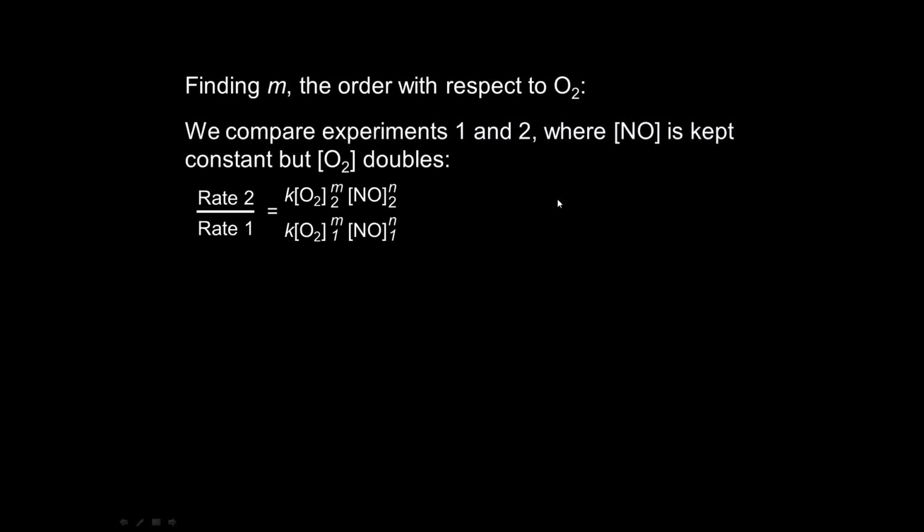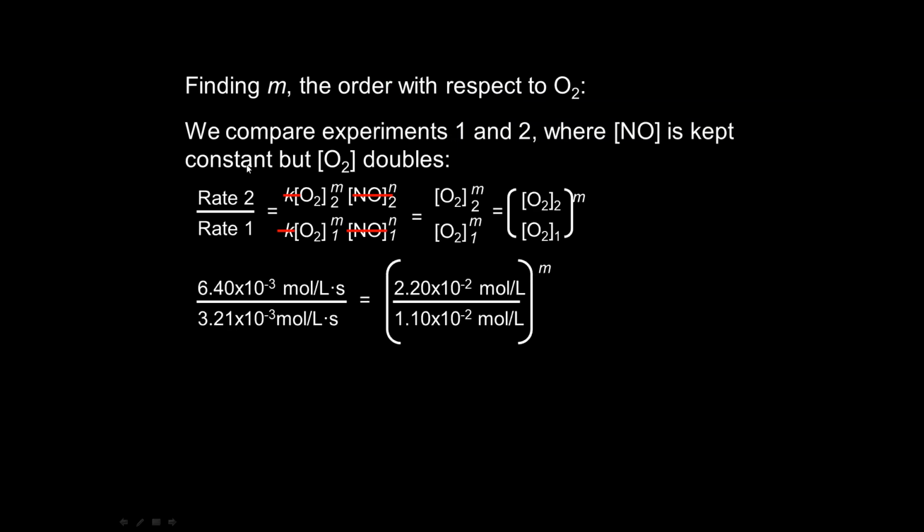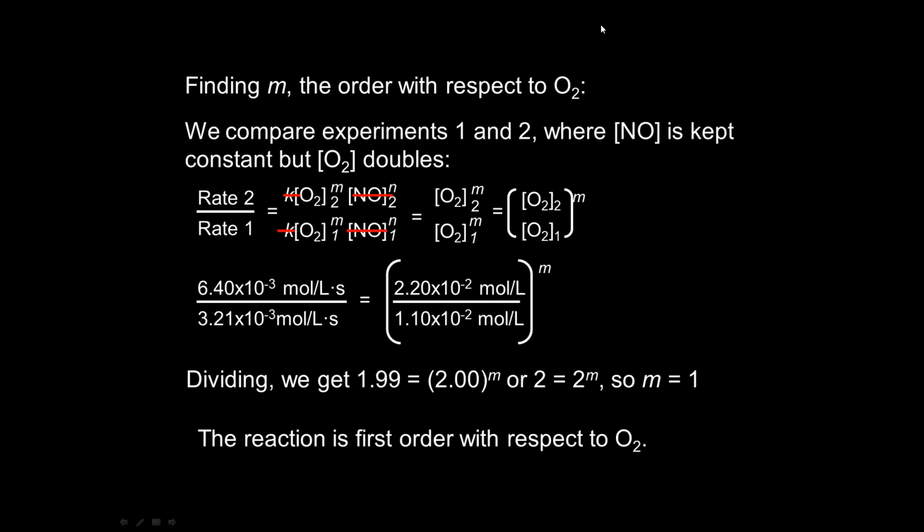You also have the math version where you compare the experiments where NO is kept constant but oxygen doubles. You write out your math for it. And I got to put in these fraction bars because they disappeared on us. And you are getting 1.99 equals 2 raised to the m, or 2 equals 2 raised to the m, more or less.